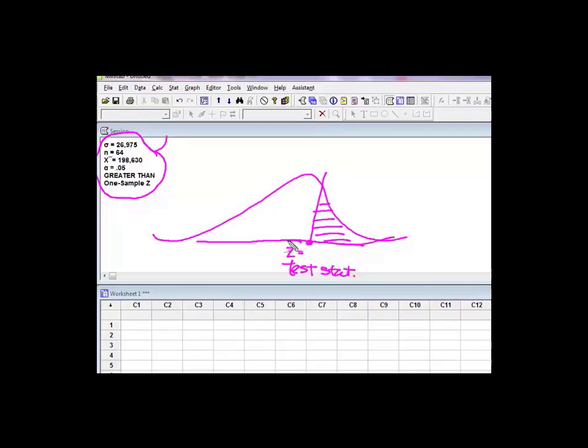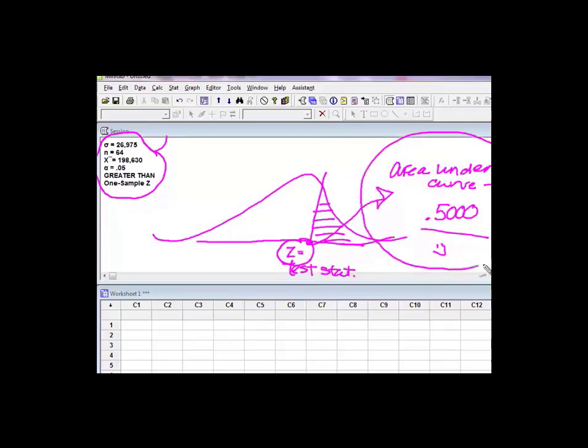Well, I take this z-score, I go over to my normal distribution table, I look up the z-score, I find the area under the curve that is associated with that z-score, and I subtract it from 0.5000, and it gives me a p-value. So you all have probably been finding p-values all along, they just didn't call them that.